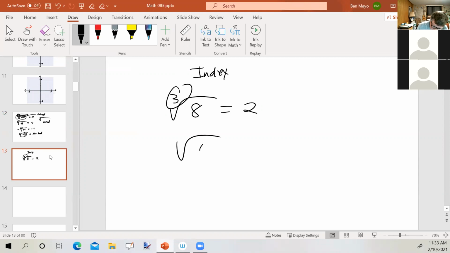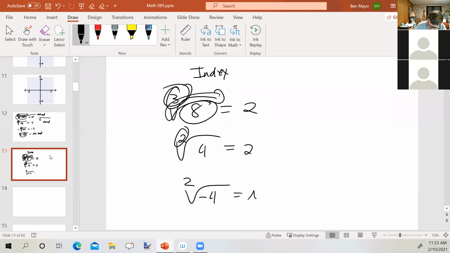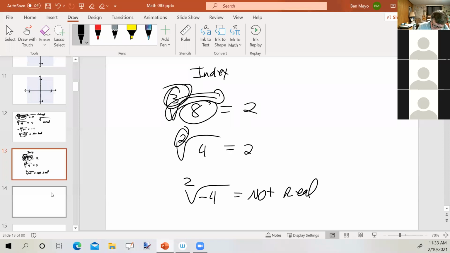When you're taking a square root, there's a 2 that's implied, but we don't bother to write it because we're lazy. I mean, we're efficient. Okay? So we've got the radicand, the radical, and the index. You can't take an even root of a negative number and get a real solution. Question? No? Okay. All right.